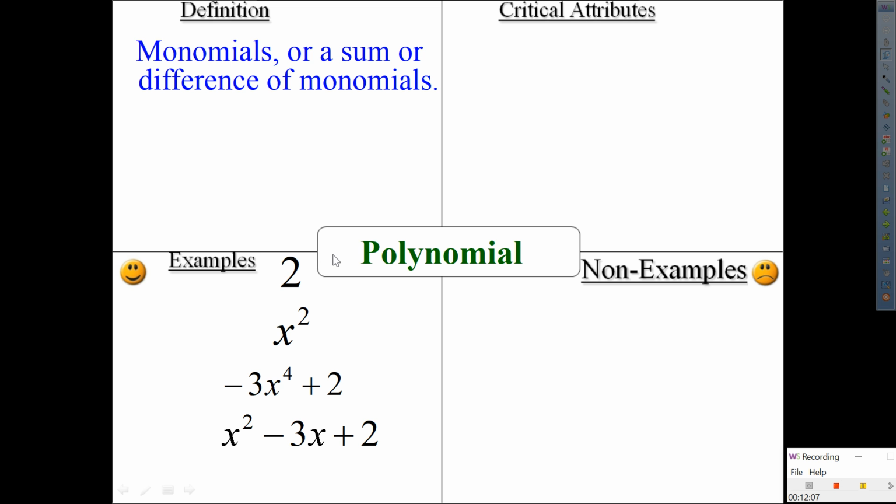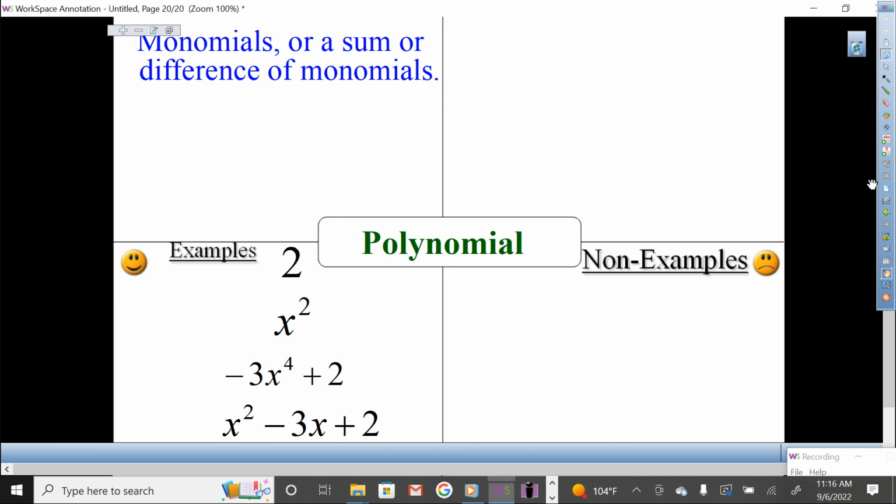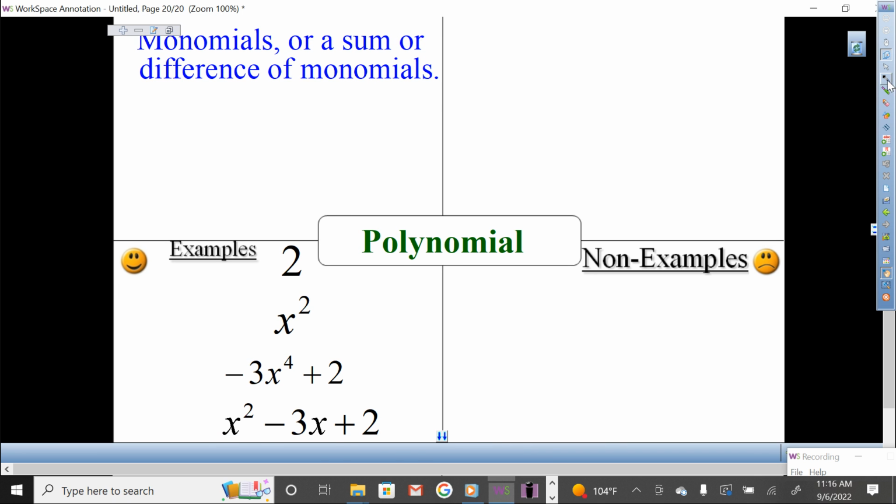So, one more thing before I show you non-examples. Look up to the screen. All right. Here it goes. The word polynomial is a compound word. You guys know what a compound word is, right? So if I was to give you the name for poly, the original root word means, what is it?